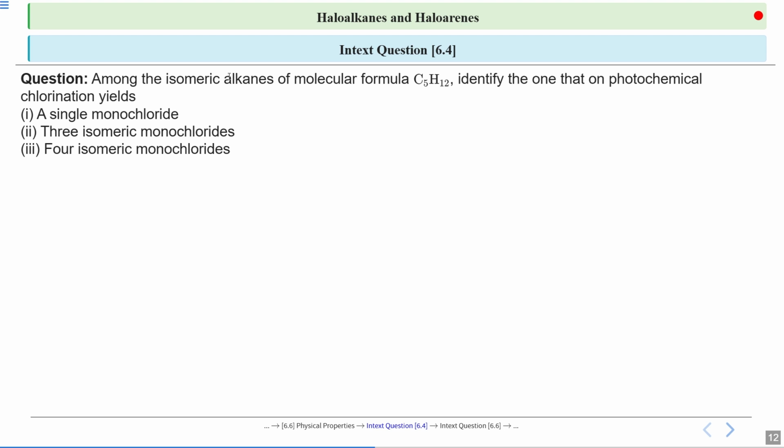So you have to identify the one that will yield a single monochloride, 3 isomeric monochlorides and 4 isomeric monochlorides. Okay, you are given some time, try to solve this question and then we will see the answer.